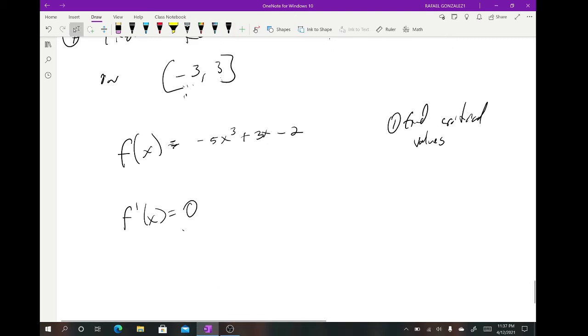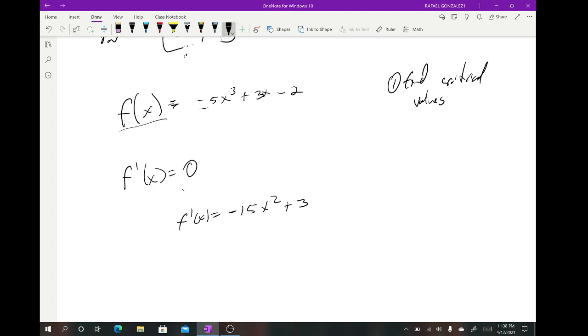Well, what is the derivative of the function? The derivative of f of x is -15x squared plus 3. Now I just simply have to find out when this is equal to 0. So when is -15x squared plus 3 equal to 0?